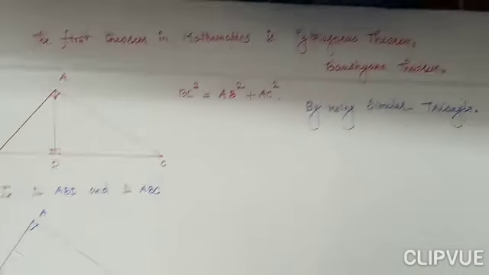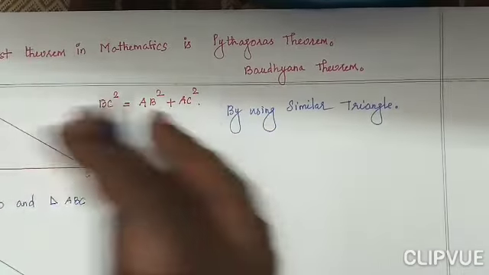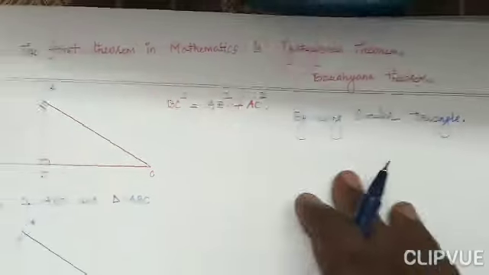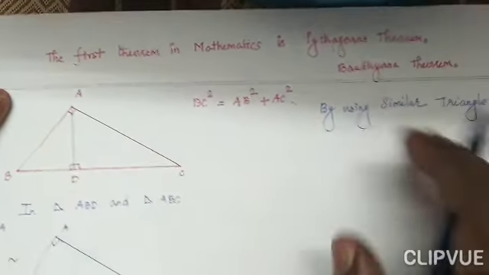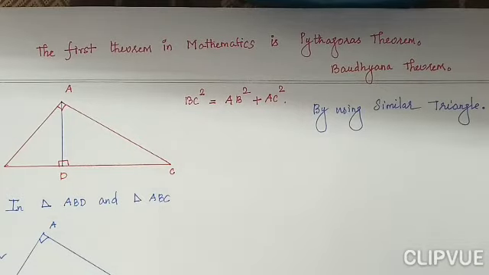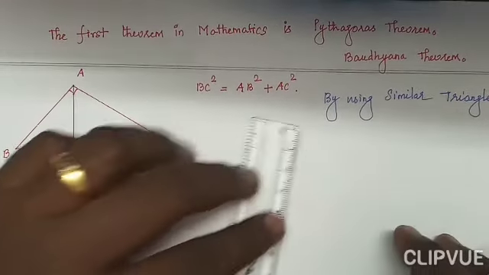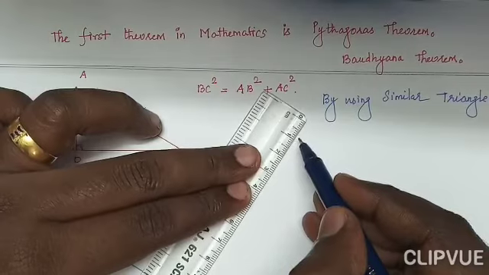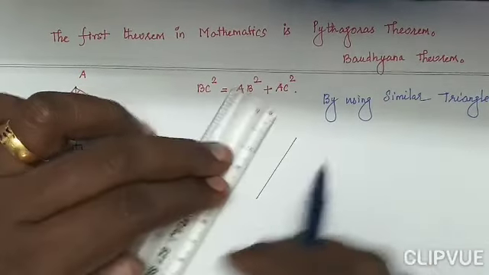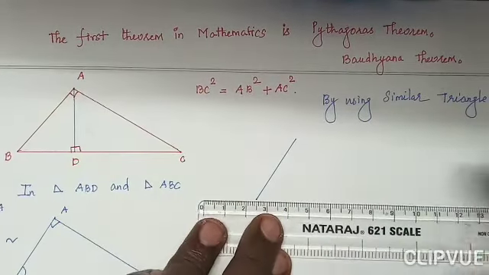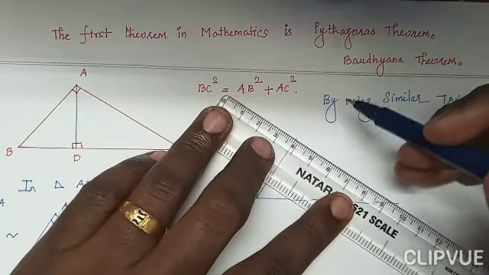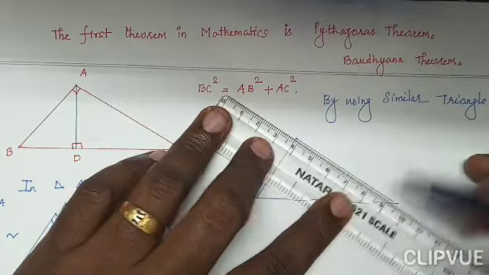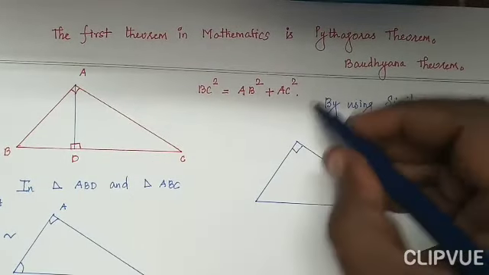Okay, so next the right hand side triangle, ACD compared to ABC. First I am going to take the whole triangle. Angle A is 90 degree.